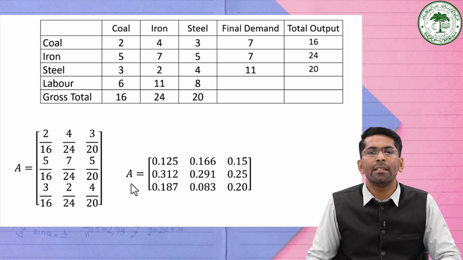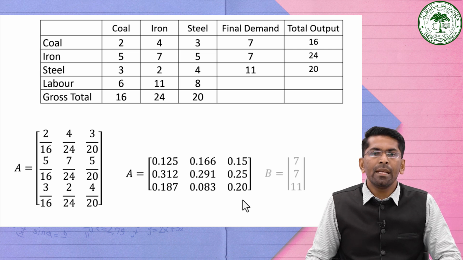So the matrix A is 0.125, 0.166, 0.15, 0.312, 0.291, 0.25, 0.187, 0.083 and 0.20. This is the technical coefficient matrix.